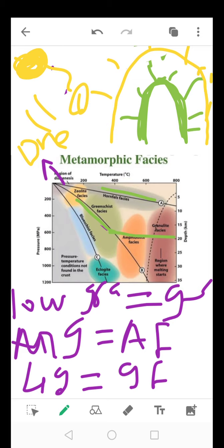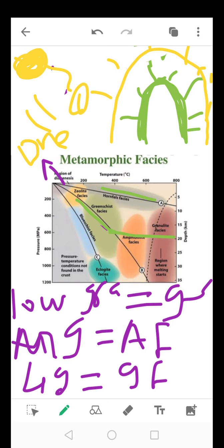rock, which is non-foliated. There is a reason why it's non-foliated, because it is not regional. It hasn't experienced the directed pressure. Should it have experienced the directed pressure, we would be talking about foliation.